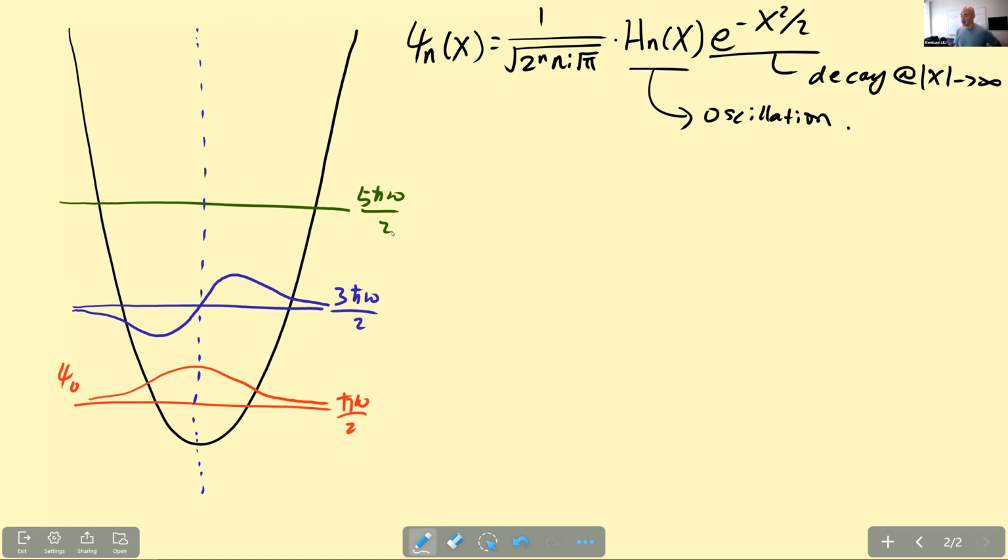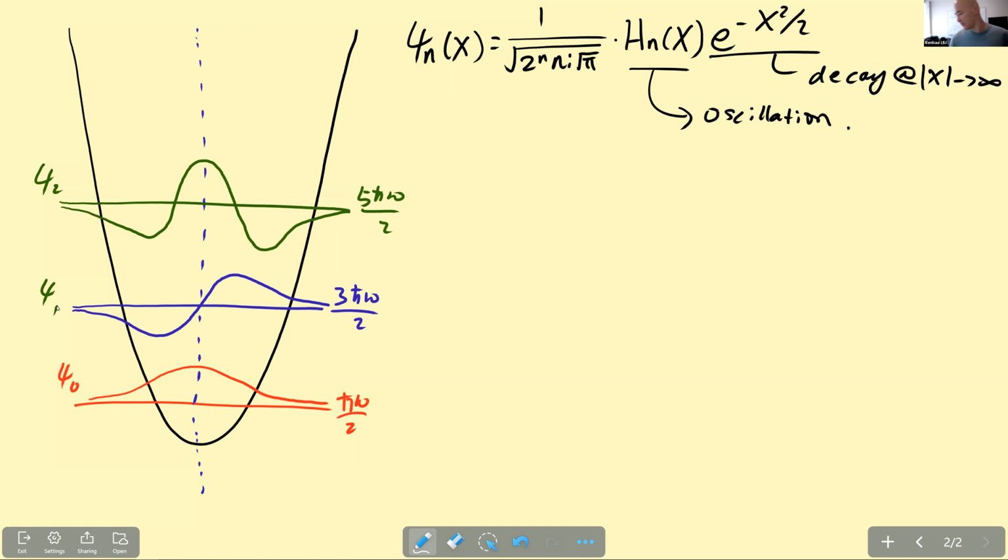This will be symmetrical and decays, like this. So this has precisely 2 nodes, and the previous one has precisely 1.